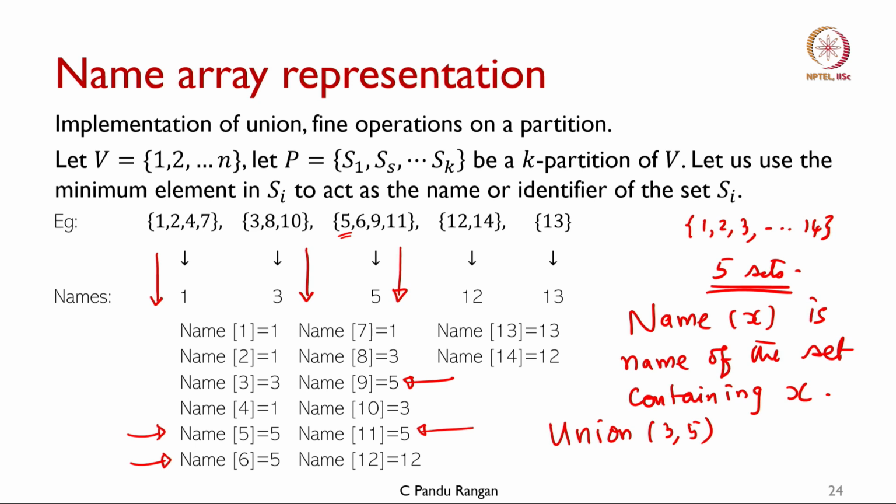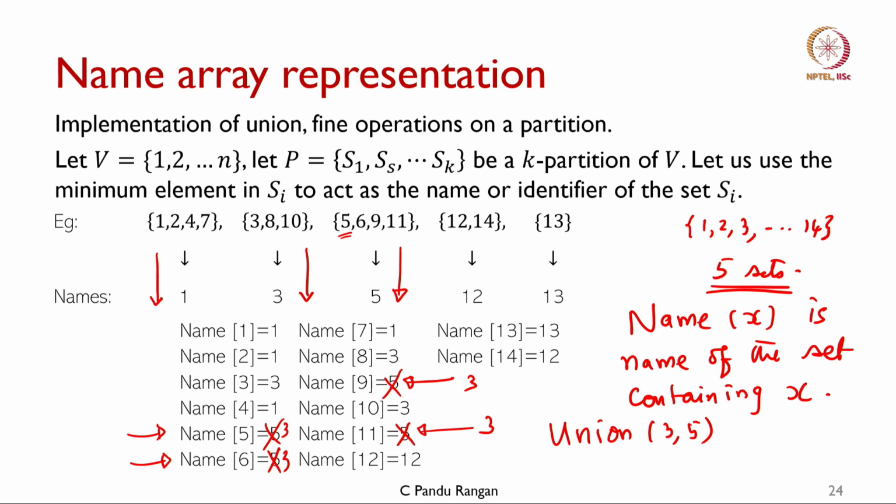The name of the new set is 3, because 3 is the minimum, and so everybody in 5 will move to 3. So, I make name of this 5 into 3, name of this 5 into 3, name of this into 3. So, you have moved all the elements which were in the set 5 into a set called 3.